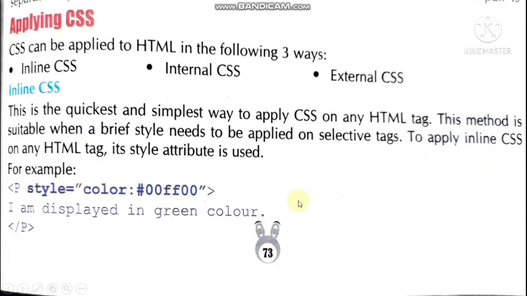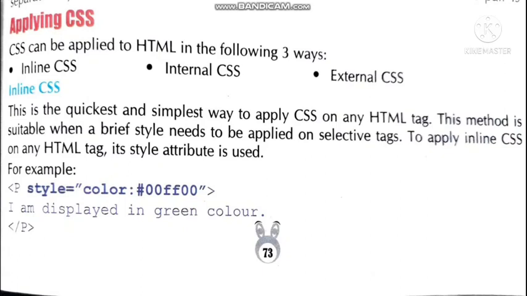Next is, how many types of CSS are there? First one is inline CSS. Inline CSS is used if you want to provide the property for a single, selected tag. It is not descriptive, very small code you have to write because only one tag representation you have to change. Then you can go with inline CSS.